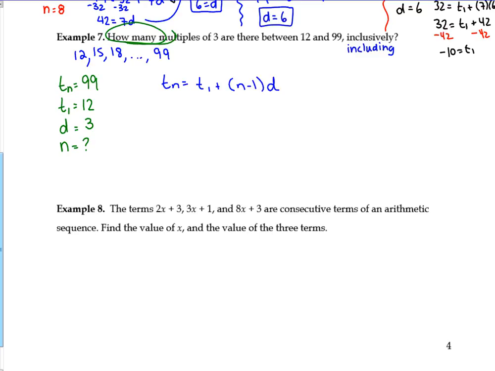Okay, term 1 plus n minus 1 times d is equal to t of n. So let's sub it in. T of n, you said, is 99 equals 12 plus n minus 1 times 3. That gives 3n plus 9, 12 minus 3.